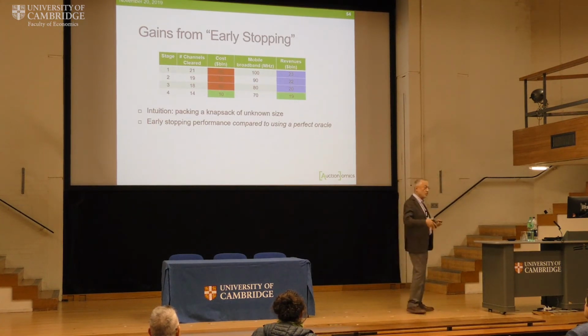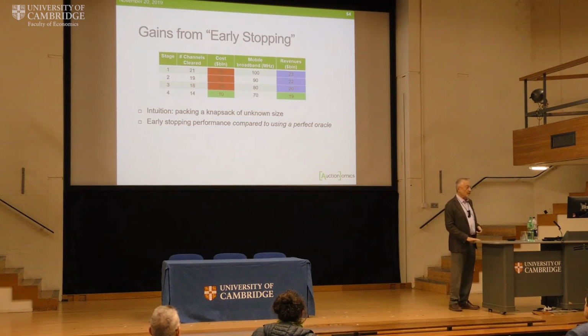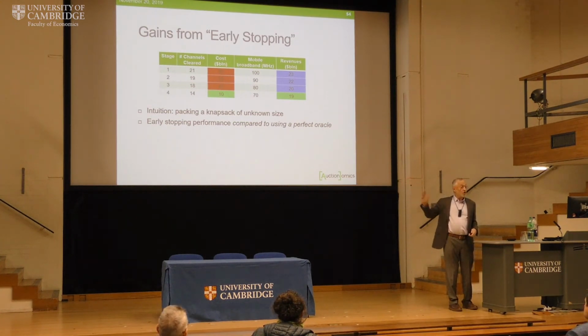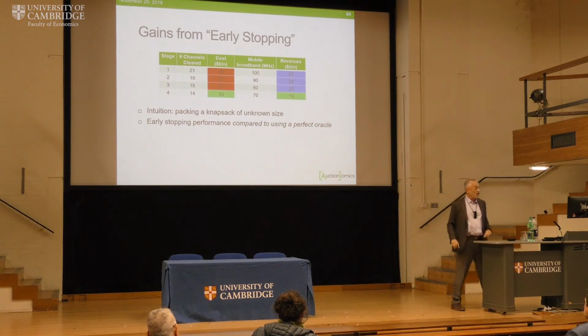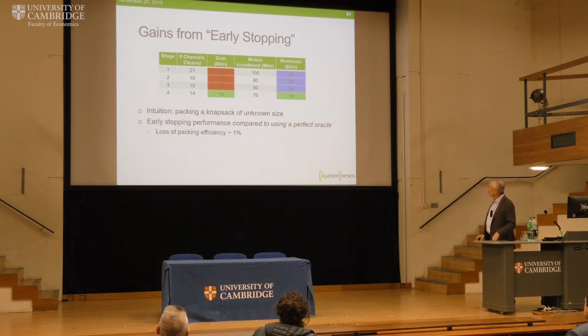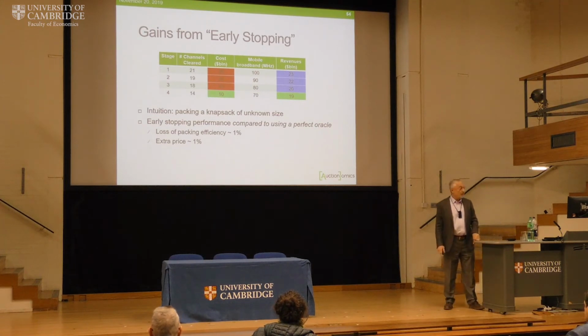So the claim is that we should be able to eliminate nearly all of the errors just by the information we're getting out of the auction. That should be almost as good as having a perfect oracle that tells us that it's going to go 4 stages. This should be almost as good as running the auction in 1 stage. That was our intuition, and the results were confirming.